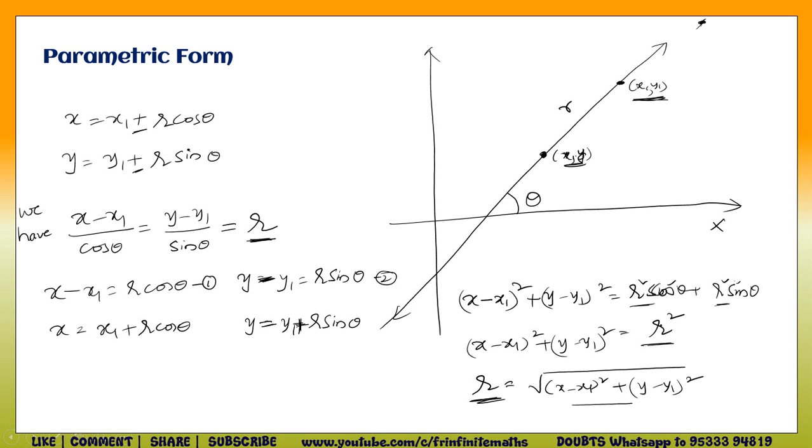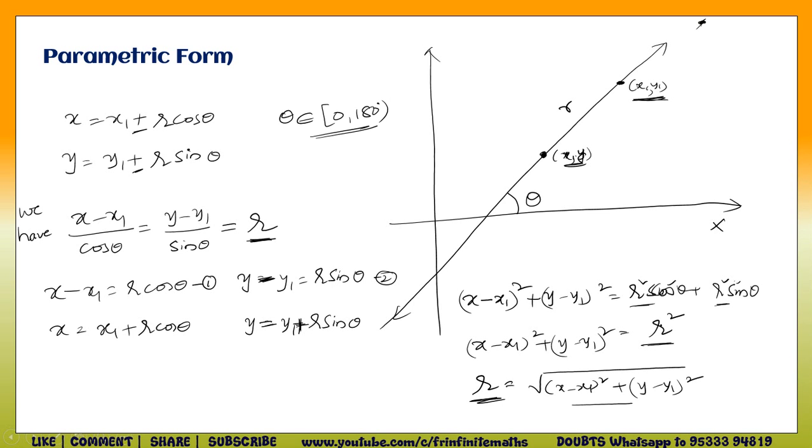So what is the parametric form? First of all you need to consider plus: x = x1 + r cos theta, y = y1 + r sin theta. What about theta? Theta is the inclination, so it can be from 0 to 180 degrees, which you need to remember once again. So theta belongs to the interval [0, 180 degrees).